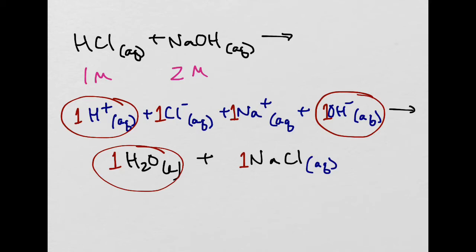And if I have a 2 in that place, I think you can see that I'm going to have leftover hydroxide ions in the end, which would not make this a neutral solution. It would make it a basic solution. So in order to have neutralization, not only do you need to have an acid and a base come together, but the concentration of the hydrogen ions and the hydroxide ions must be the same in order for the neutralization to take place.